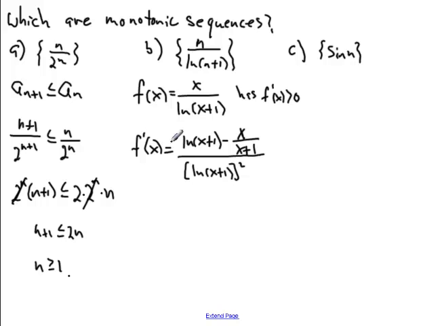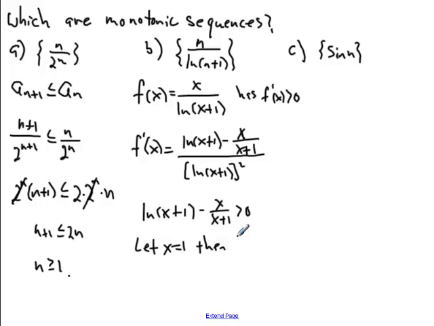Now, this derivative is going to be positive precisely when the numerator is positive. Now, to show that this is true for all x bigger than or equal to, say, 1, then what we'll do is let x equal 1.